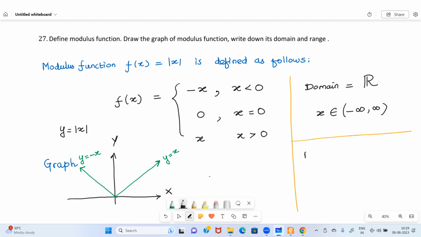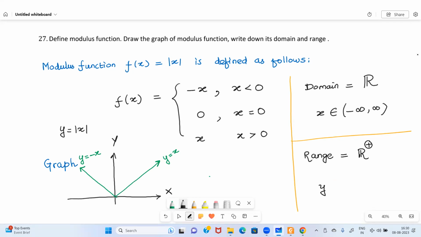Now let's look at the range of the function. See here, the range is set of all values that y will take. Just check. Y is only positive, correct? Whatever may be the value of x, y is always positive. Therefore, range is only positive real numbers. Is that clear, students? Correct? Including 0. So, what is the symbol representing range?